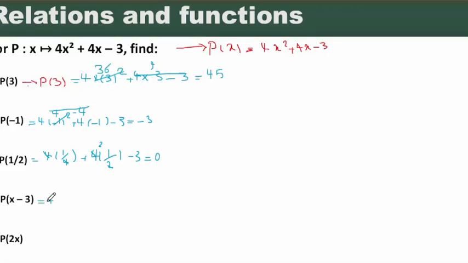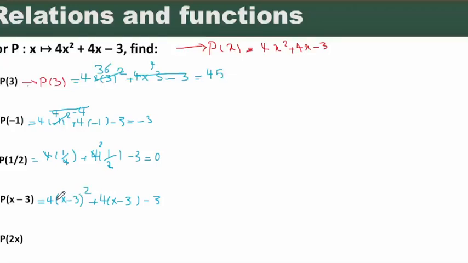It would be 4 times, instead of x, I put x minus 3 squared, plus 4 times x minus 3, minus 3.